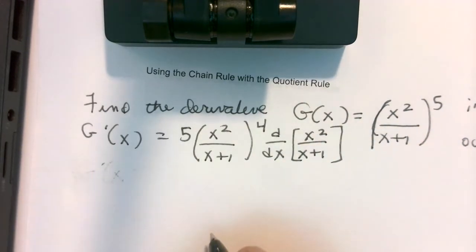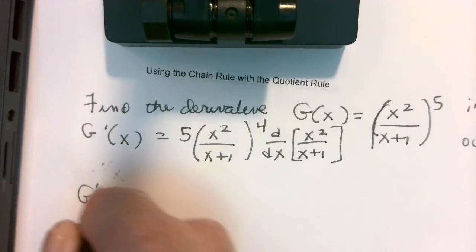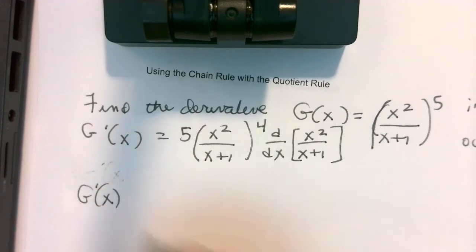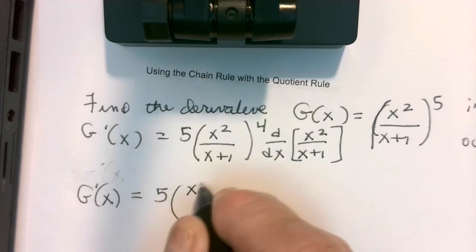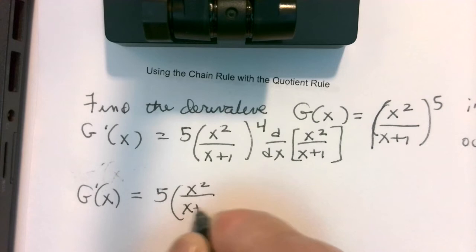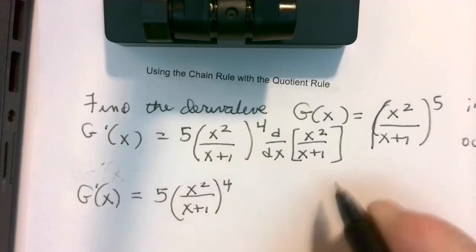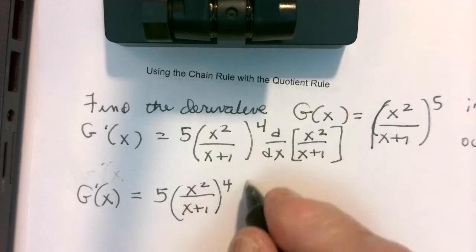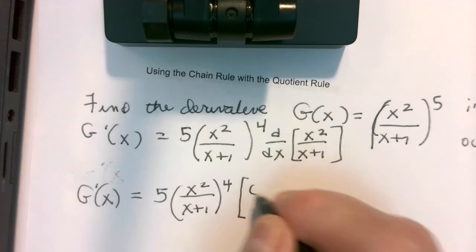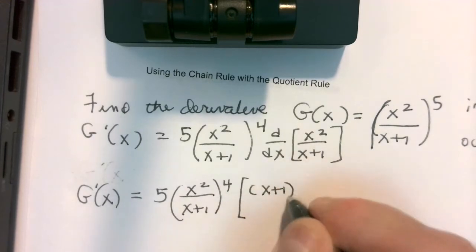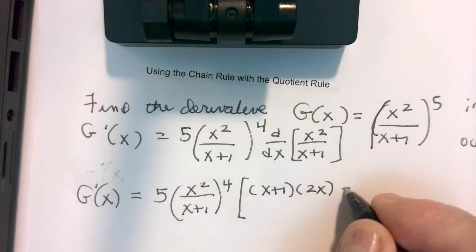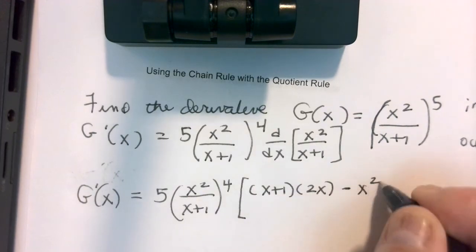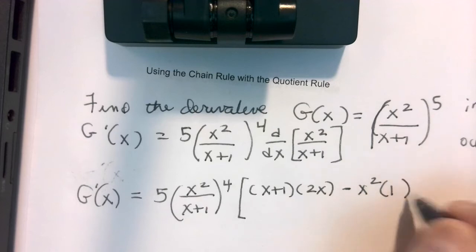So my g prime x equals 5 times x squared over x plus 1 to the 4th, and then I'm going to do the derivative of this. So I do the bottom times the derivative of the top, this is quotient rule, minus the top times the derivative of the bottom.